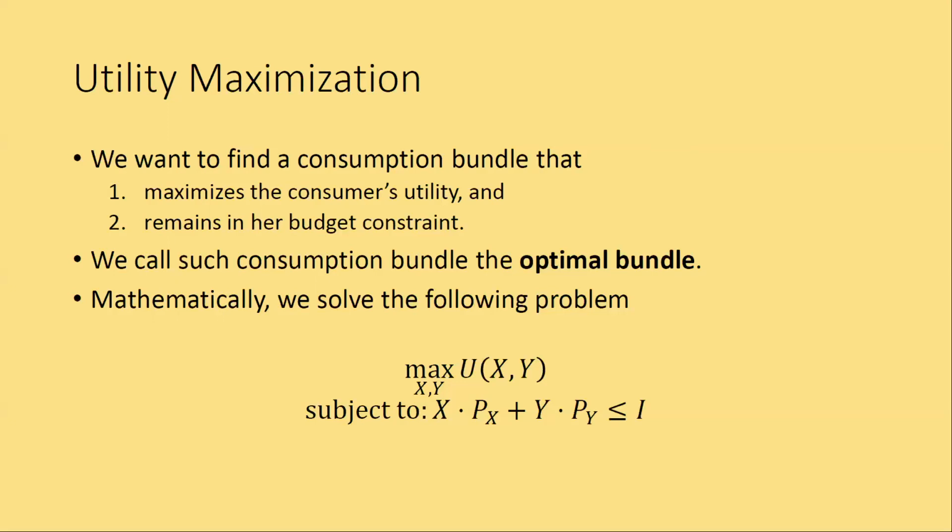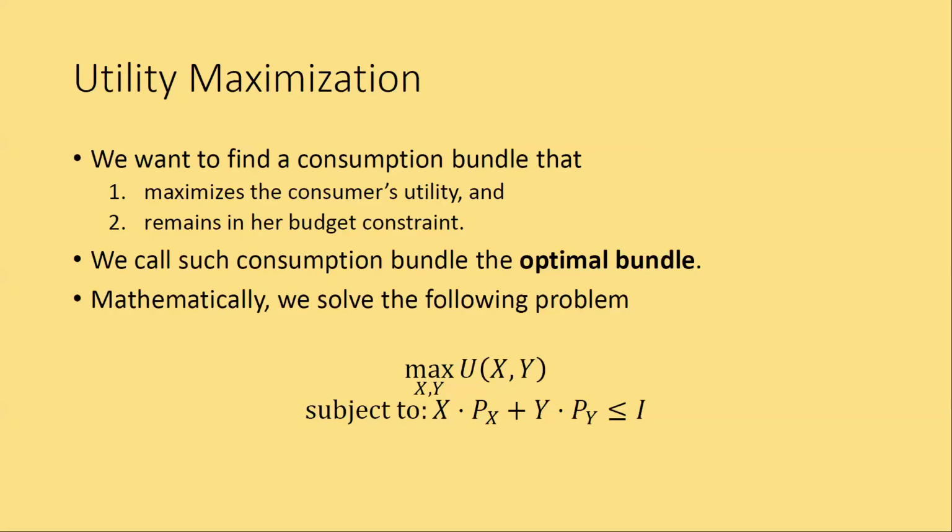To express this problem mathematically, we are solving the following problem. So how should we read this? The x, y below the sign max is saying that we are choosing x and y. And we are choosing x and y to maximize something, where the something is our objective function, or our utility function.